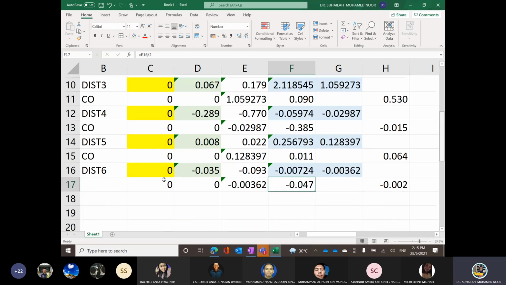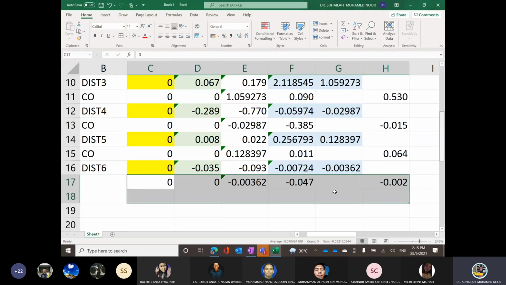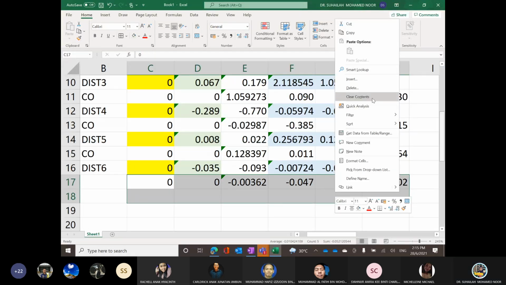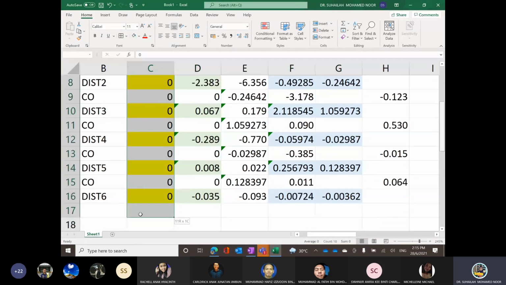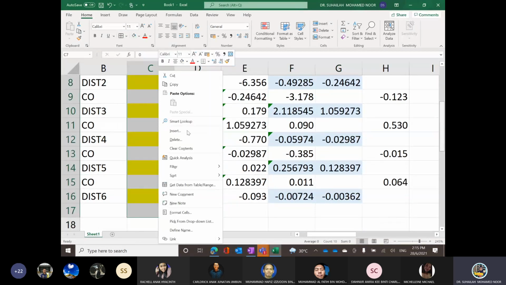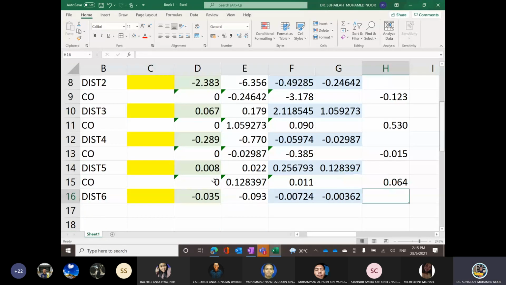Okay, so remember that the last must be distribution. So the last one we clear content. Okay, the 0 value we don't need to put in the table. Clear also this one. Okay, clear also this one.